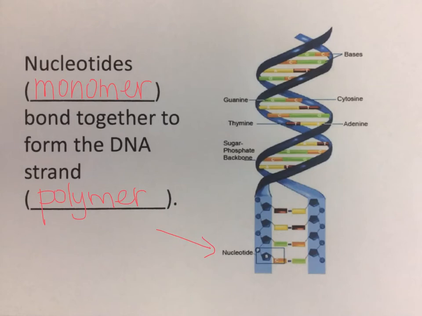The circle is the phosphate, this little pentagon right there is the sugar, and this rectangle is the base. Every single one of these is a nucleotide. They are going to connect together with those hydrogen bonds to form the whole strand of DNA, which is this up here.